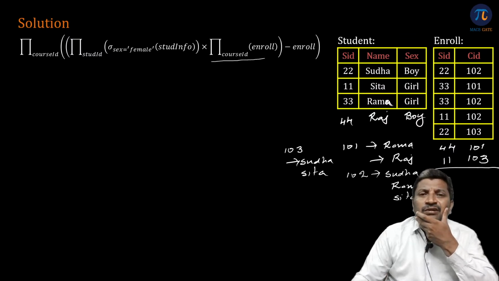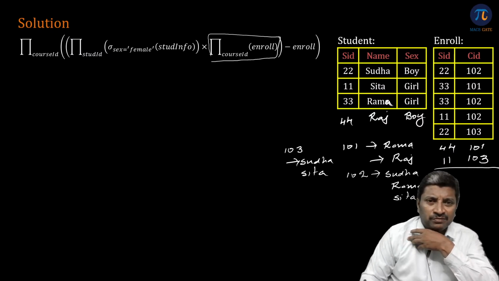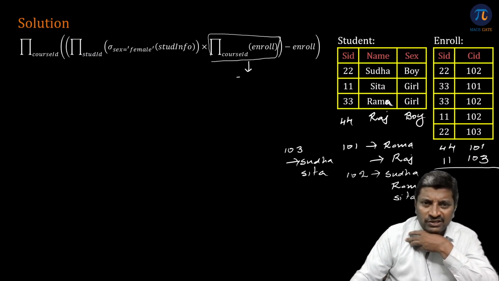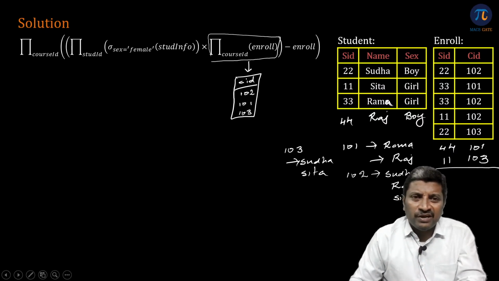First, I need course IDs of enroll. This is the first one. Let me write it. So, for this, you will get course IDs: 102, 101, 103. We have only 3 courses. Fine.